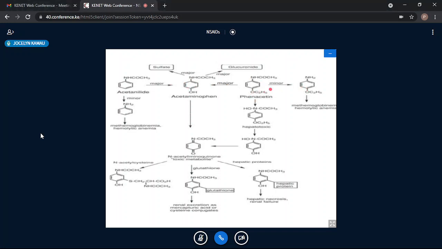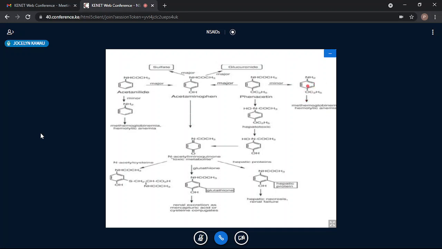But a minor route can also be hydrolysis of the acetamide group to give us the amino derivative, the aniline ethoxy derivative, and this aniline ethoxy derivative can be responsible for methemoglobinemia and even hemolytic anemia.